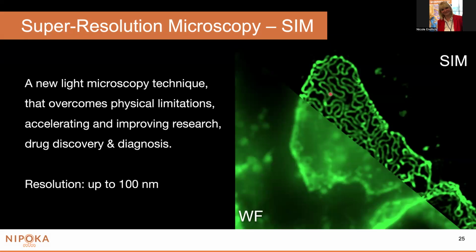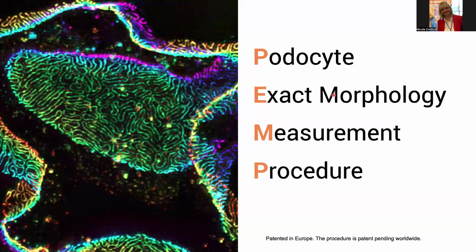And the black areas in between are the unstained podocyte foot processes. We named this technology of visualization and later measuring of the changes of the podocyte foot processes, in abbreviation, PEMP, which stands for Podocyte Exact Morphology Measurement Procedure.